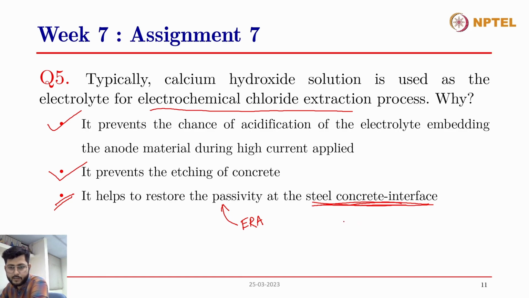And in that region, the anode gets corroded while there is a cathodic process going on at the steel rebar location. But using the calcium hydroxide solution has no direct relation with restoring the passivity at the steel concrete interface. So I guess only these two options are correct, as you have mentioned.